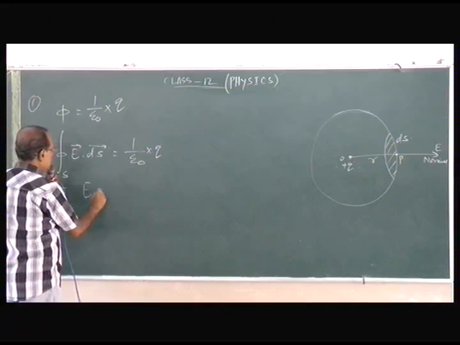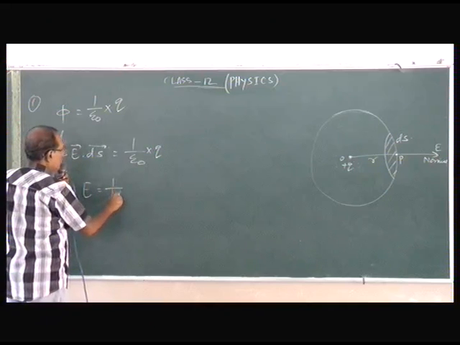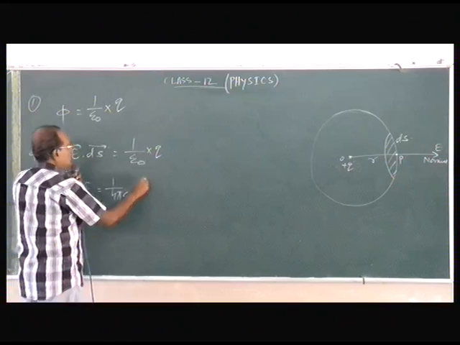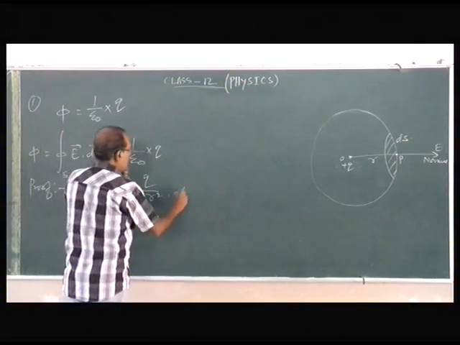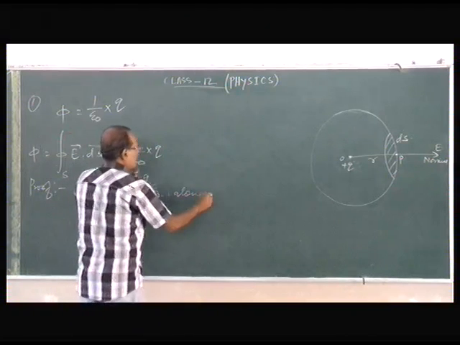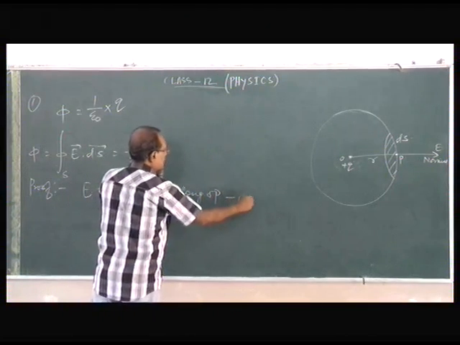So E is equal to 1 by 4 pi epsilon naught into Q by R square. Here it will be along OP. This is equation number 1.